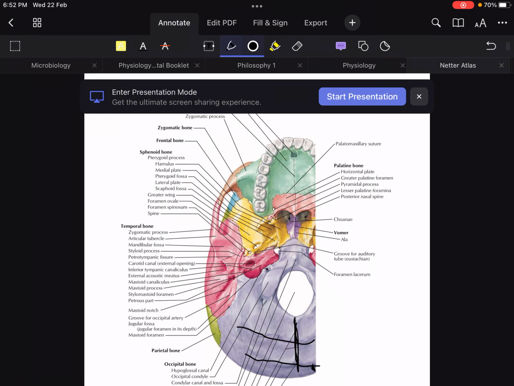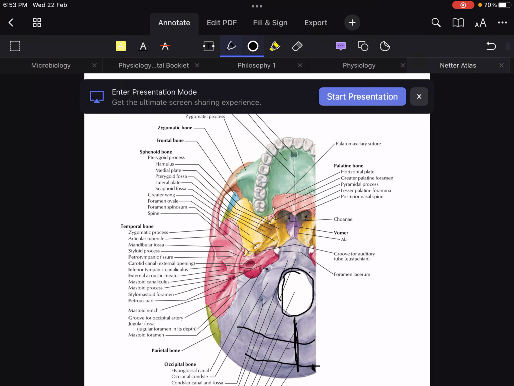Okay, so there is a foramen here, this foramen, and it's the biggest one, and it's foramen magnum. This foramen magnum is for medulla oblongata and spinal cord. In CNS, we have brain and spinal cord.